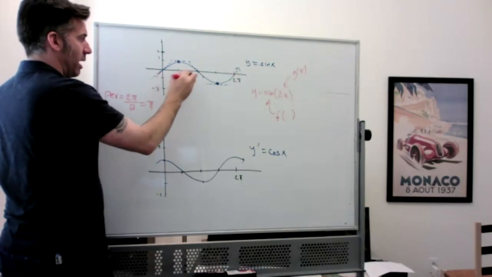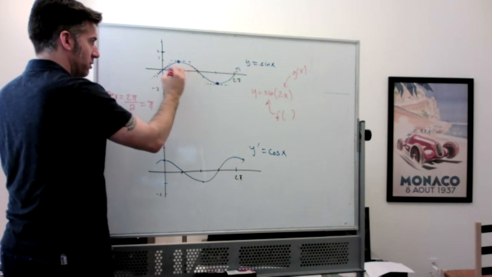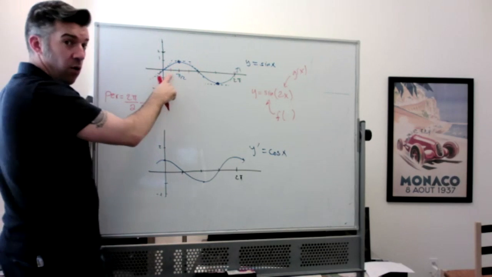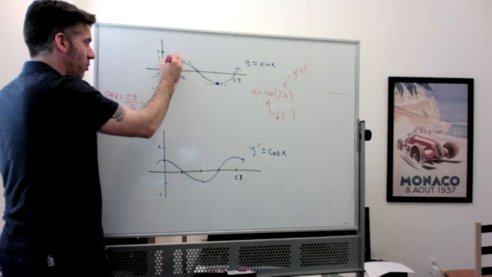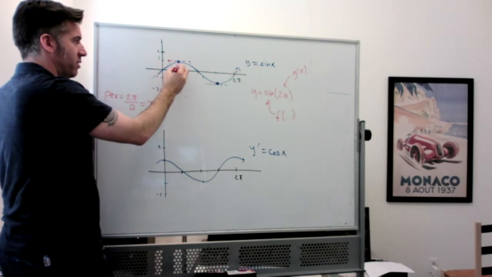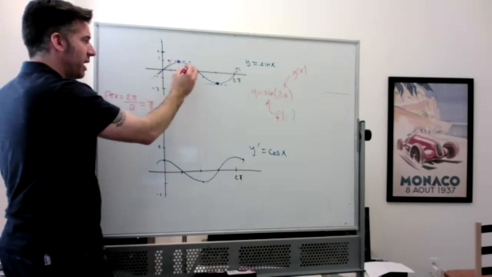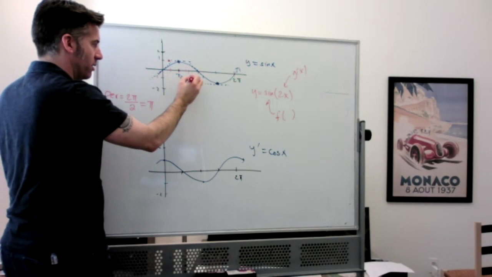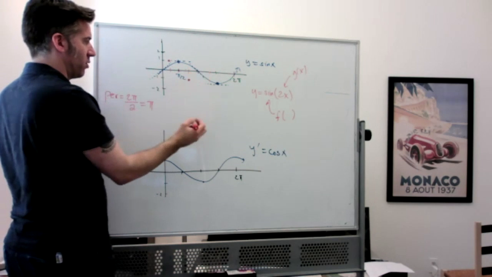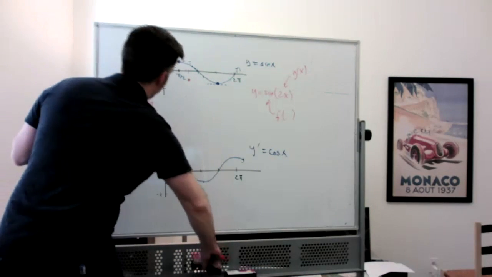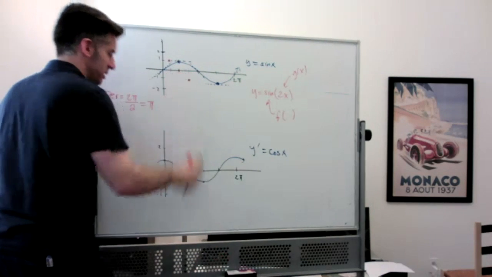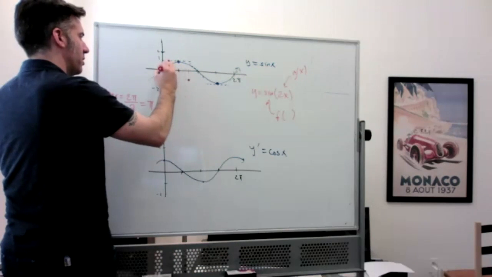So I break that up into quarters. At pi over 4, I'm going to top out at 1. At pi over 2, I'm going to be back to 0. At 3 pi over 4, I'm going to go down to -1. And at pi, I'm going to be back to 0. I'm going to do a full period in just that 0 to pi space. And if I look at that, here's what I get.